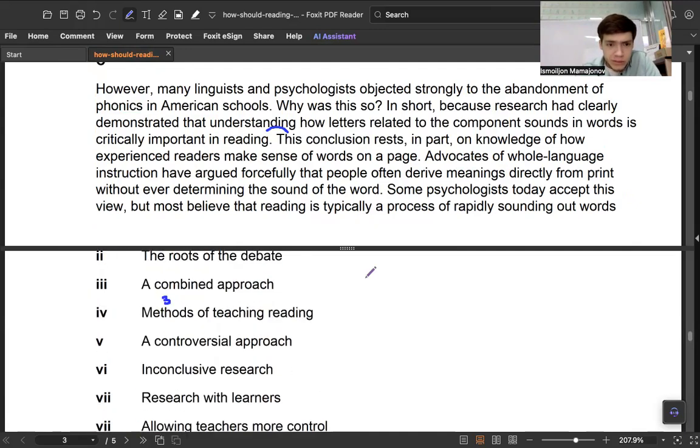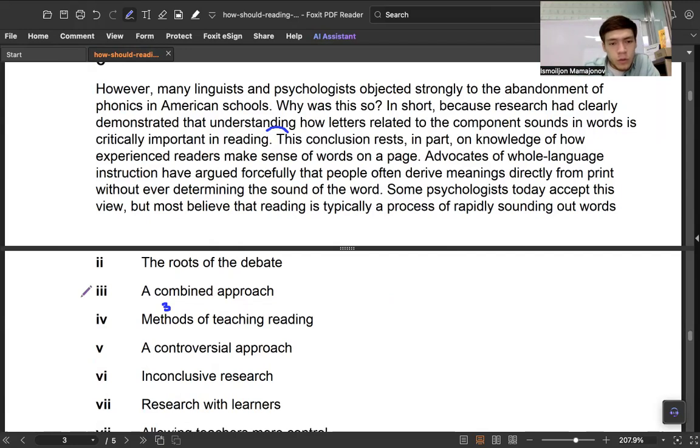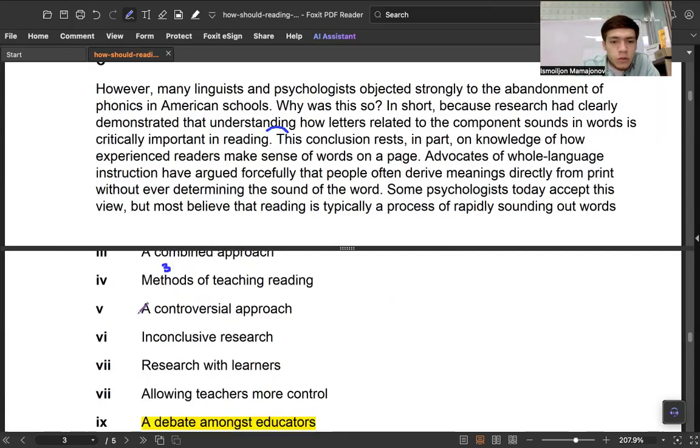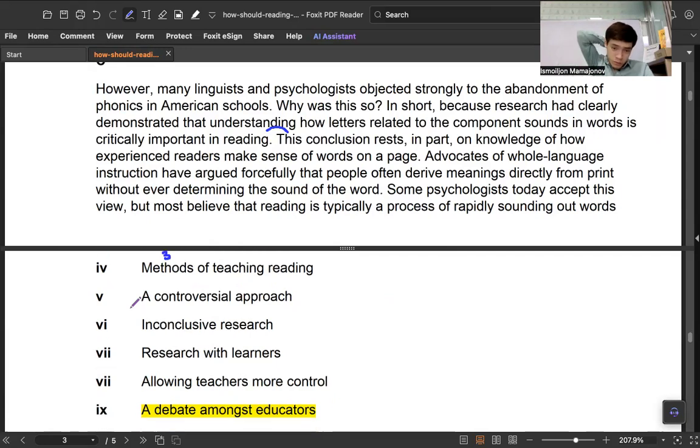Disagreement about the reading process? There is disagreement. The whole paragraph is negative. I don't think it's the root of the problem, because the things are given in B. Combined, no one is combined. A combined approach is a very good thing. A controversial approach? No, we have a couple of things going on. Inconclusive research, no. Research with learners, no. Allowing teachers more control, no.